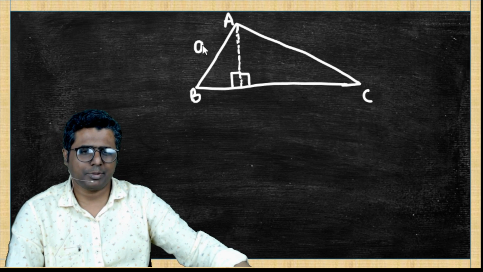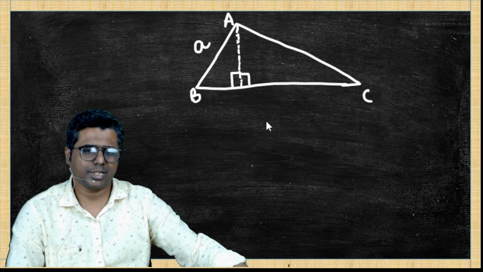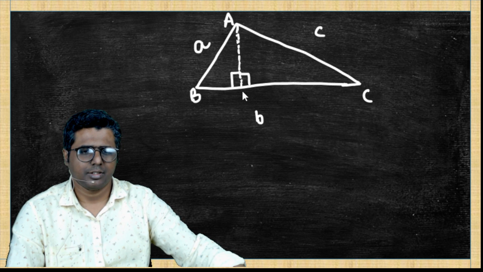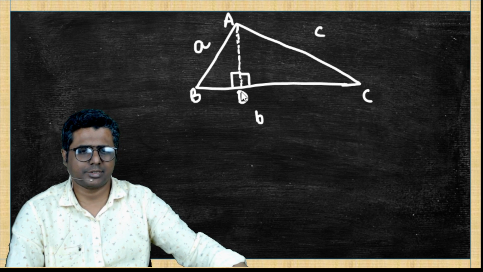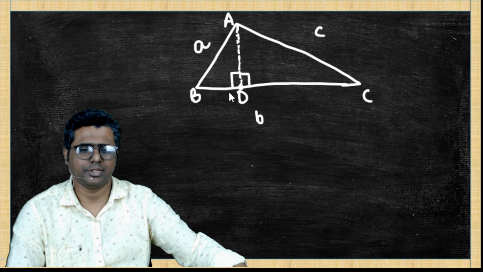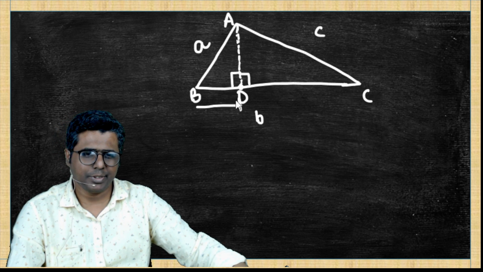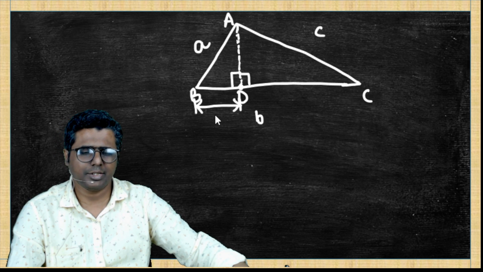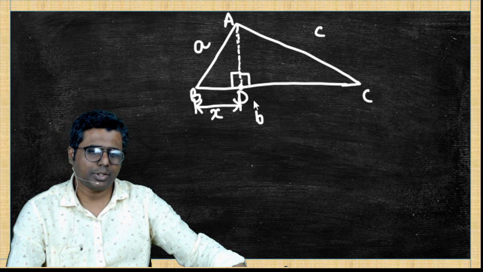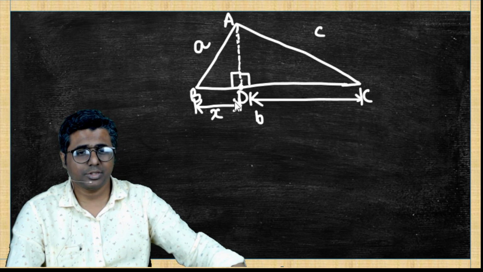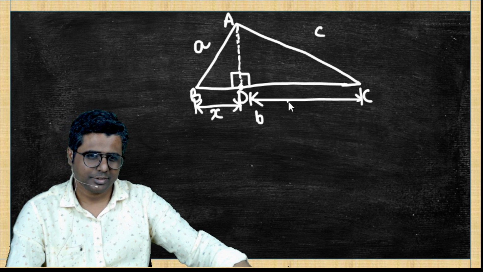This side I am naming a, this BC I am naming b, and this AC I am naming c, and this point I am naming D. So I am assuming that this part BD is X. So what will be this DC? The total BC is b. So if this part is X, this will be b minus X.